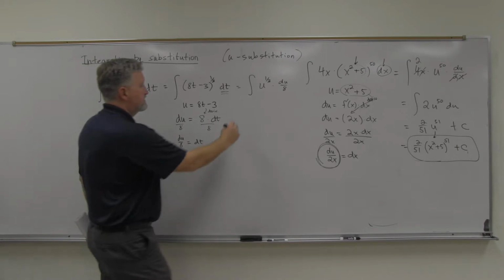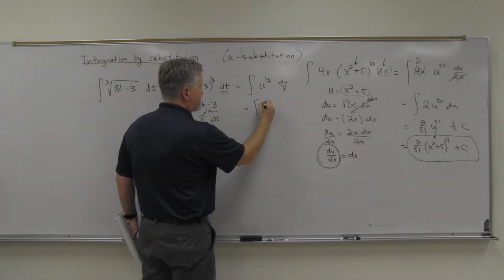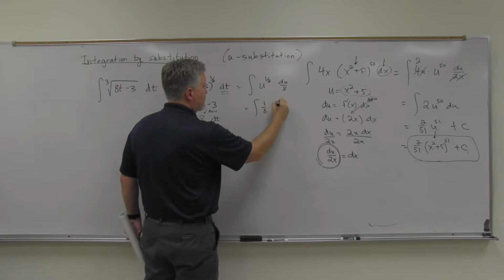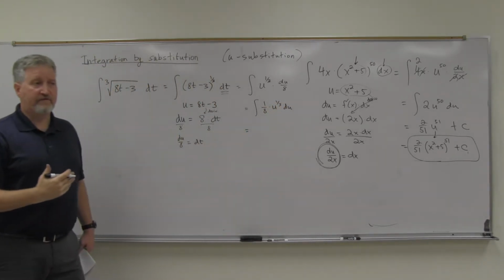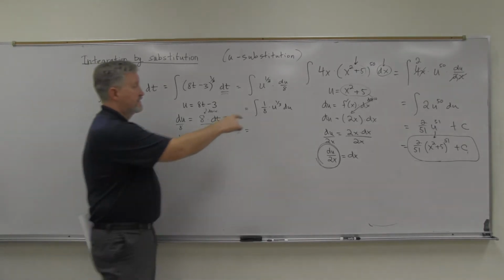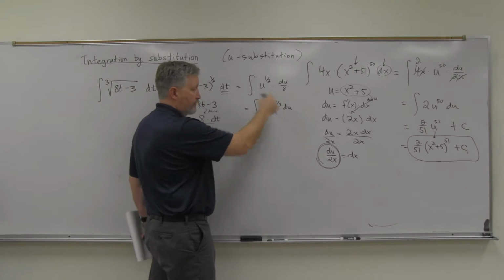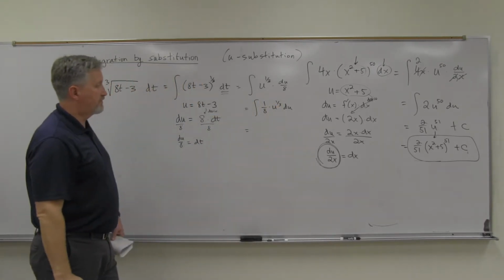So now we're in business. There's no cancellation here, but it's just 1/8 times u to the 1/3 du, which now we can apply the antiderivative power rule on, since this is just u to the 1/3. It's not any more complicated than just the variable.